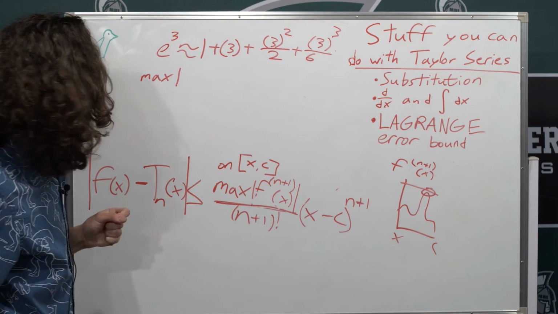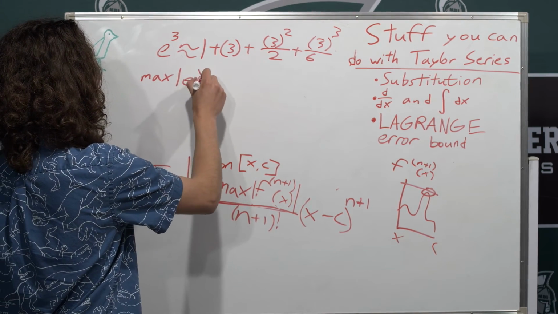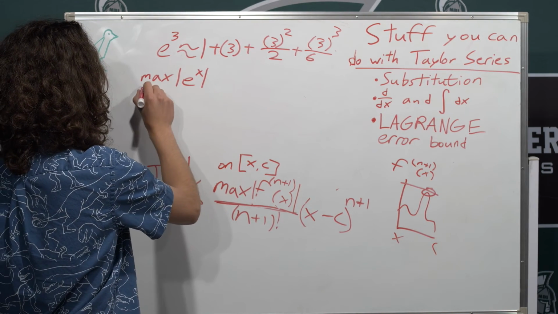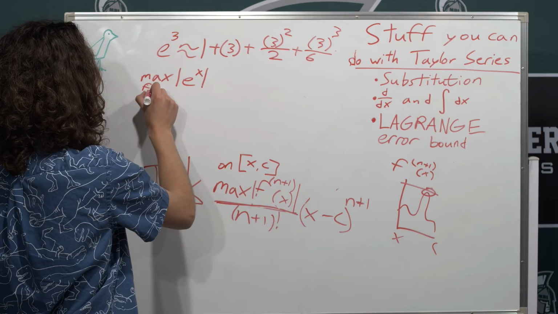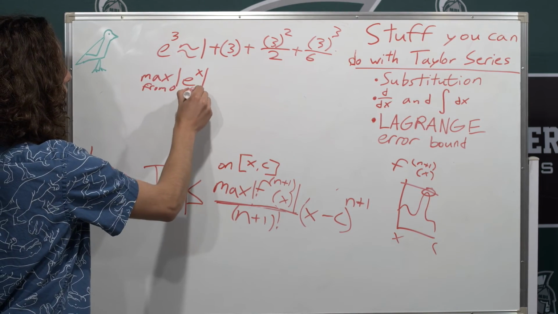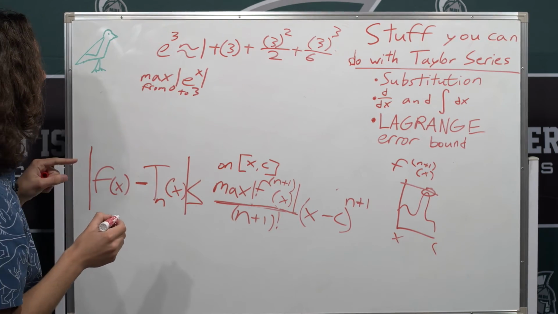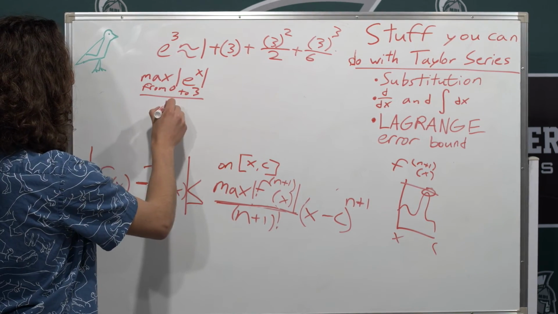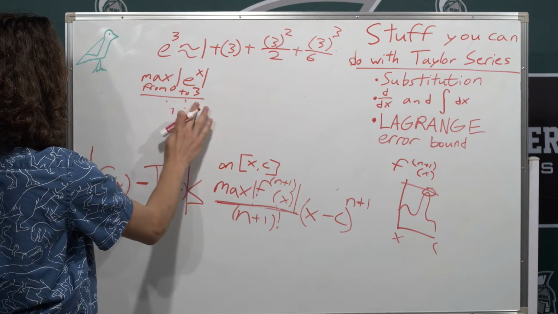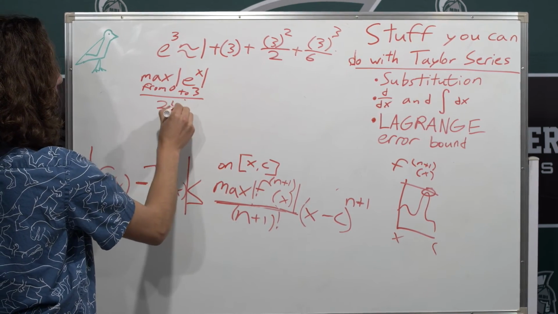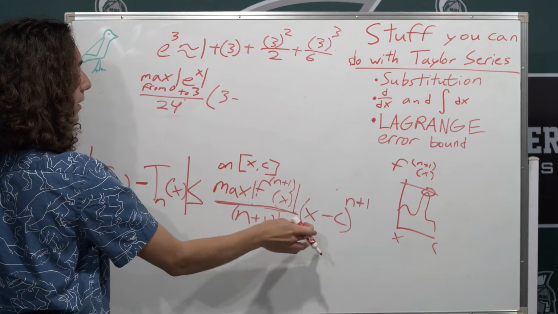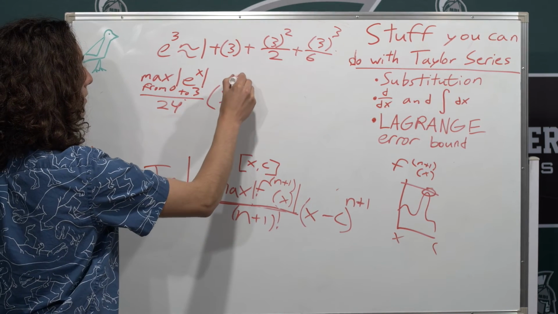So we'd write this: the max of e to the x on, from the center, which is 0, to 3, because that's where our x value is, divided by, we've gone up to 3, so our next term is 4 factorial, which is 24, times our x, which is 3 minus our center 0, raised to the 4th.